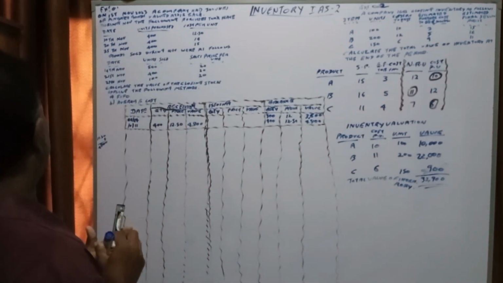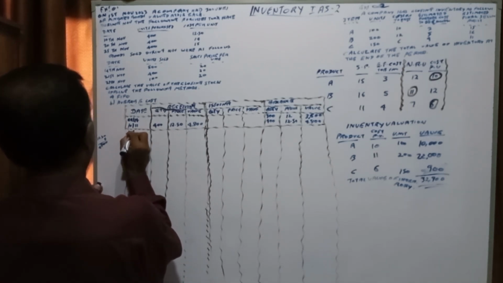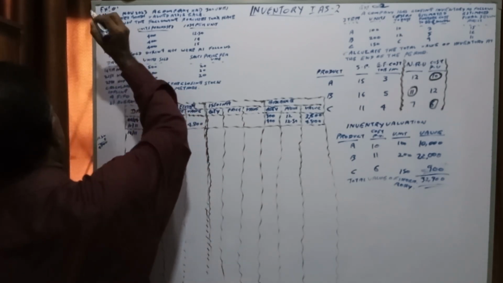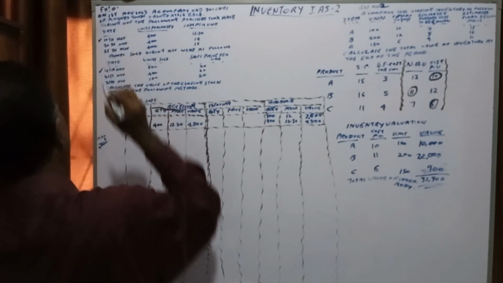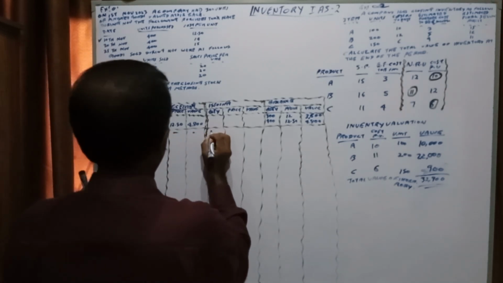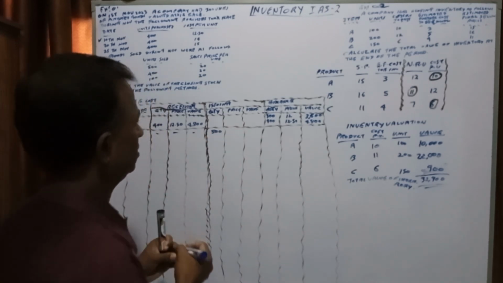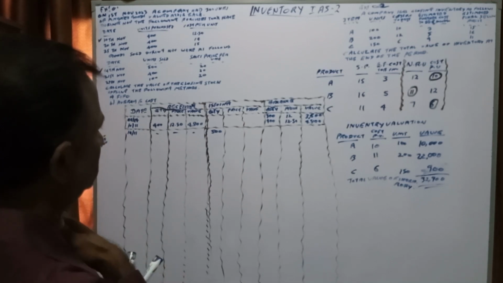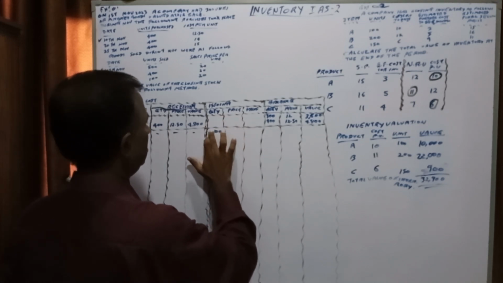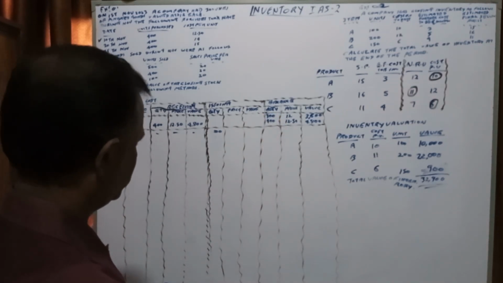Next transaction is on the 14th of November. They did the sales of 500 units. You have to see how to issue these 500 out of the balance of 700.